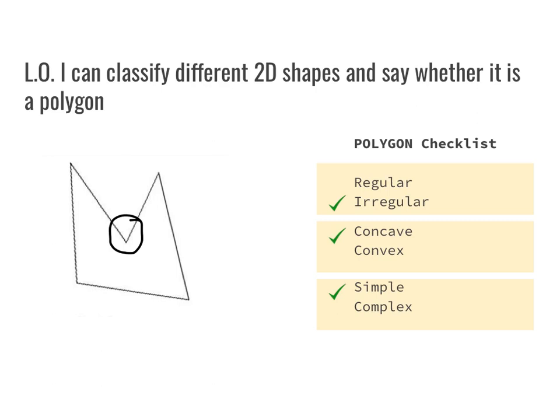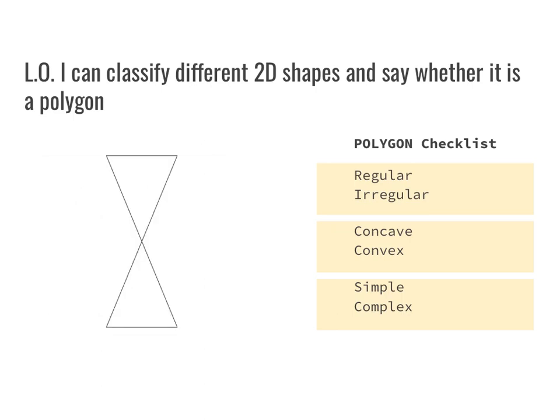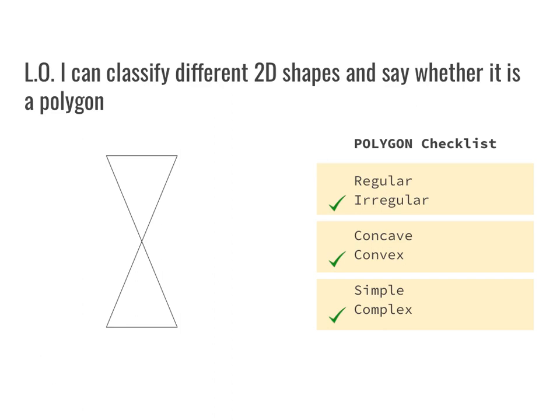Well done if you got this right. Now have a go at this one. Okay, let's check. Yeah, this is irregular because they have different lengths. It's convex because all of it is pointing outwards. And it is a complex shape because it crosses over.